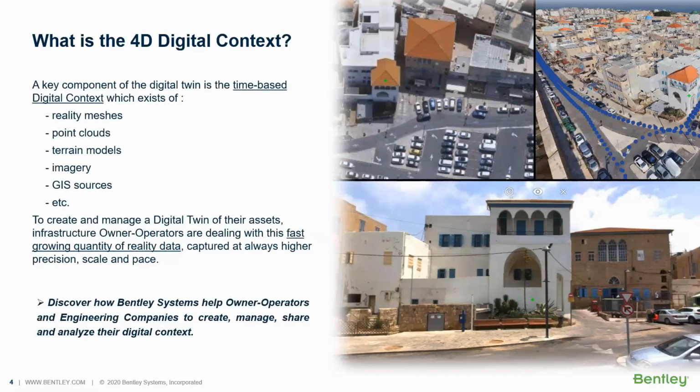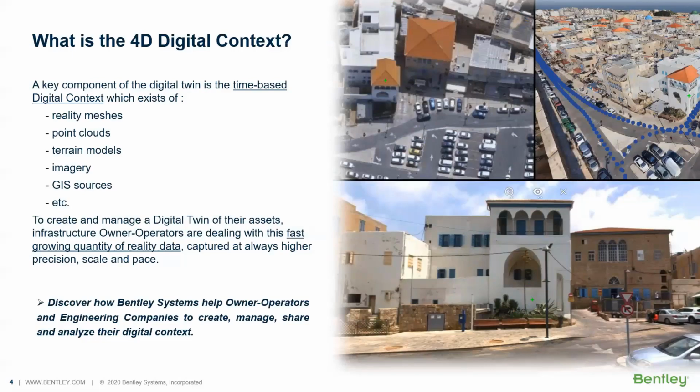It may be represented through reality meshes, through point clouds, through terrain models, but also imagery, GIS sources. Everything is contributing to representing what reality is looking like so that you can visualize it and manipulate it in 3D and 4D, meaning that you can capture 3D digital context over time and look at how this is changing and evolving over time.